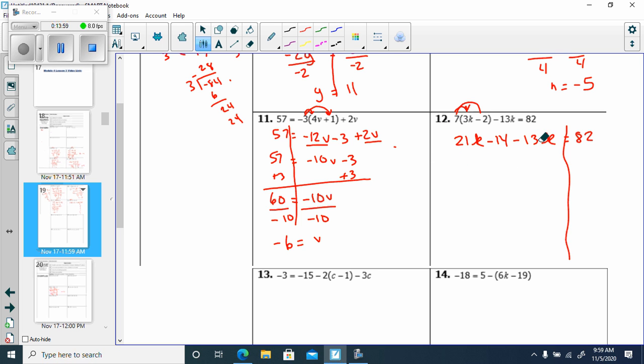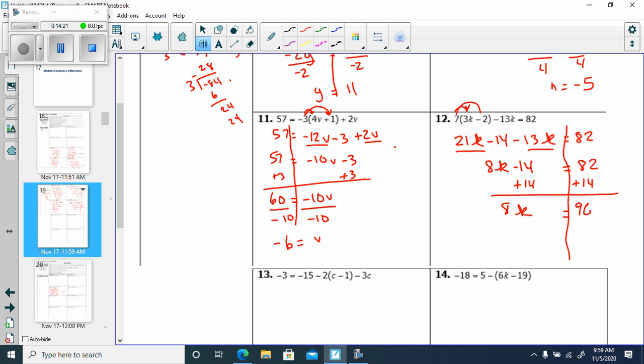That's right. 21k minus 13k, because those are my variables, would give me 8k, right? Minus 14 equals 82. Okay, so let's add 14 to each side. And I've now got 8k equals 96.